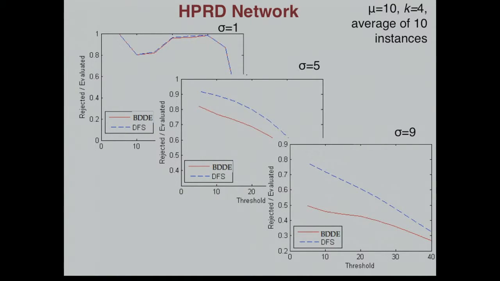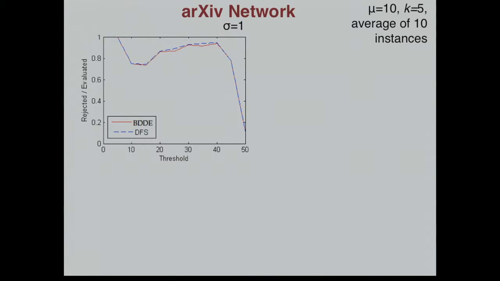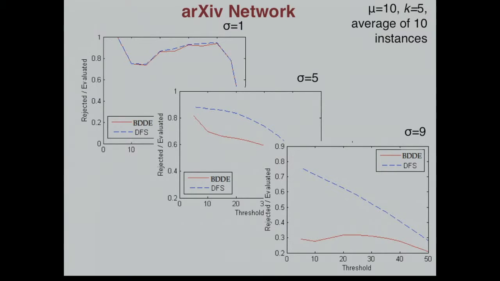As the threshold goes up, the problem gets easier in the sense that there will be more and more subgraphs that will be eliminated. As the threshold gets lower and lower, the problem is more difficult, and there the gains are even more. And same for the arXiv network. When the problem is difficult, we see a huge gap between the depth-first enumeration versus this principled enumeration that Shan developed.